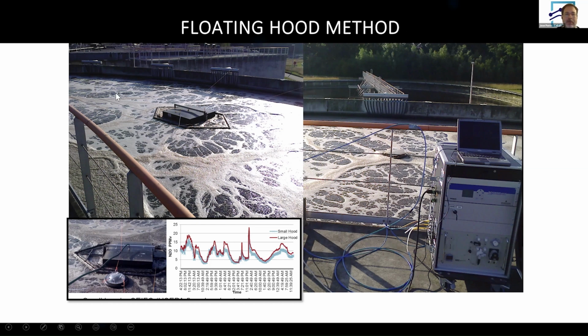So if there are gradients expected based on the process, you want to be measuring where you have different concentrations so you can get a picture of the N2O emissions. Normally, with higher loading and higher ammonia concentrations, you're going to have higher emissions.